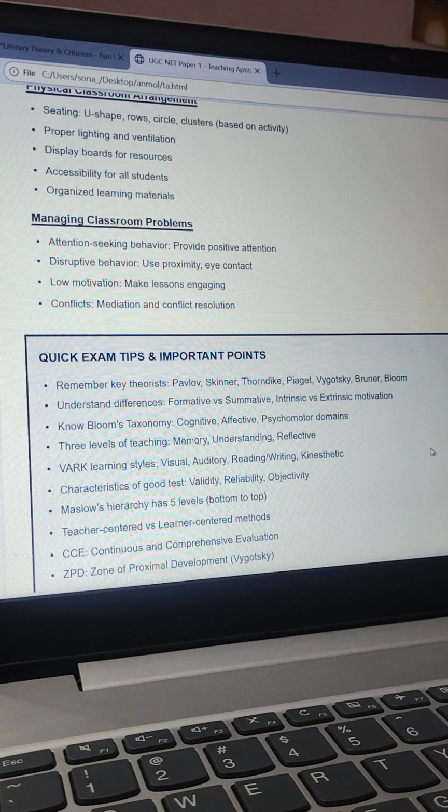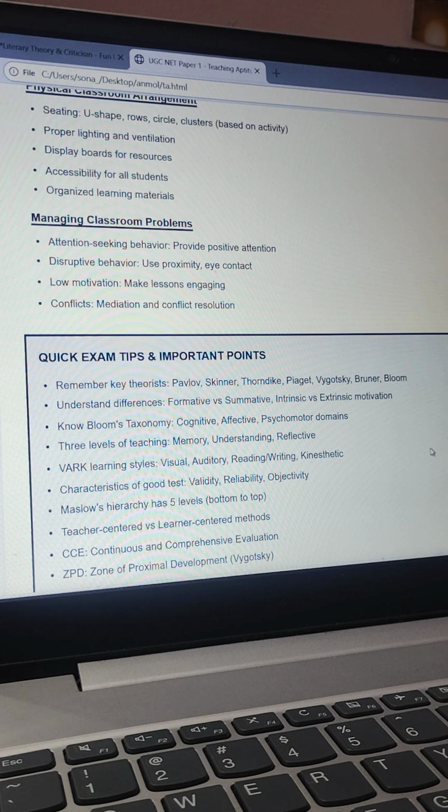If you want to deep dive into their theories, you can if you have time. Understand the differences like formative and summative, intrinsic and extrinsic, as I told already that it is very very important. Know Bloom's taxonomy: cognitive, affective, psychomotor domains.